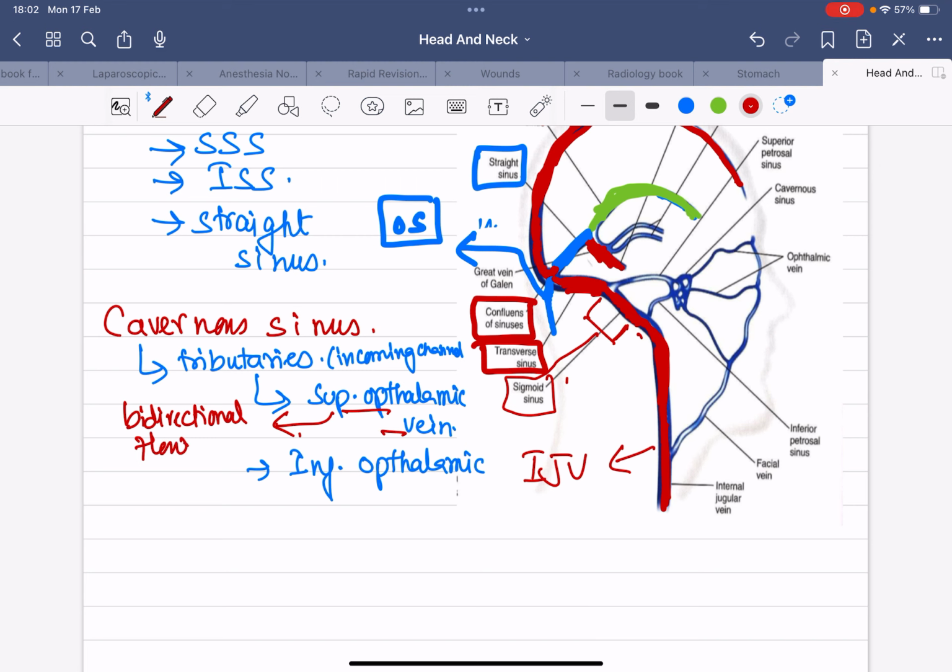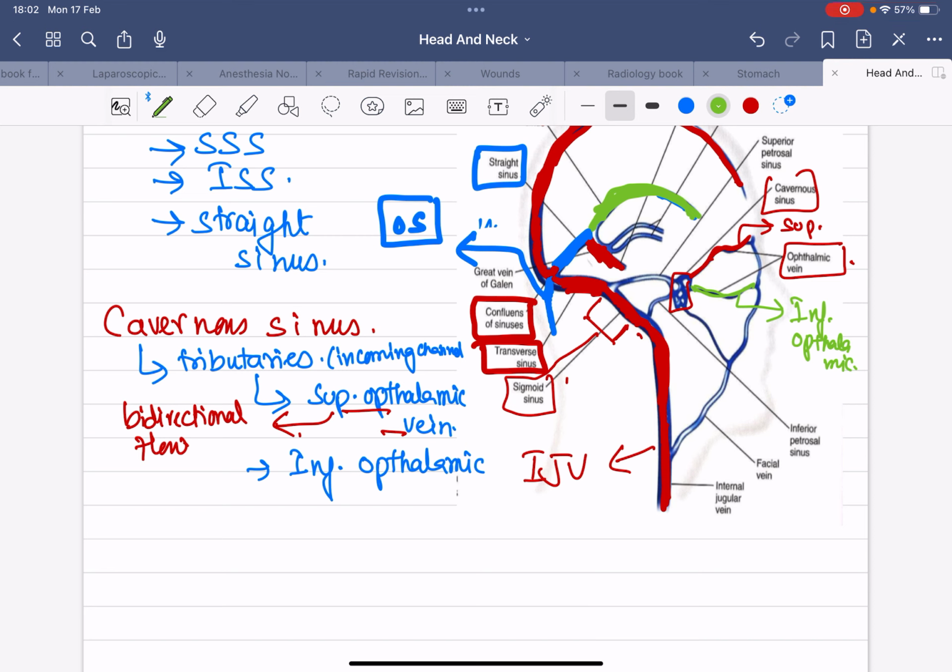So in this diagram, this portion is your cavernous sinus, and this one which I am highlighting in dark blue is your superior ophthalmic vein. This one which I am highlighting in dark green is your inferior ophthalmic vein.